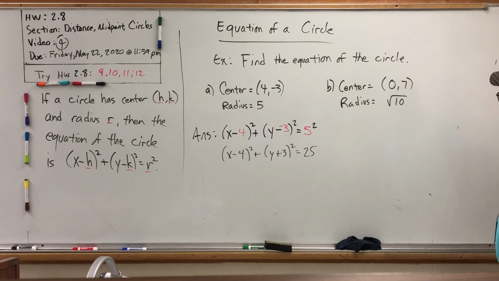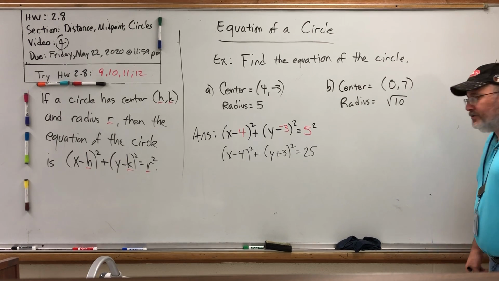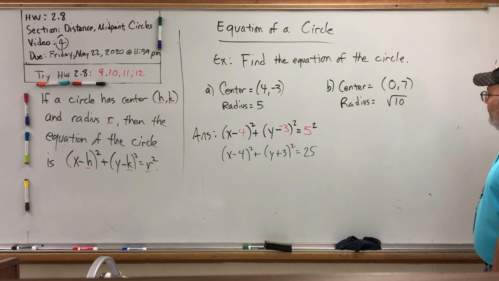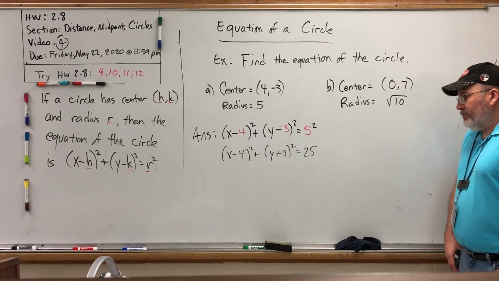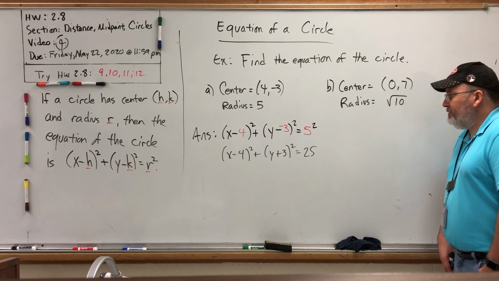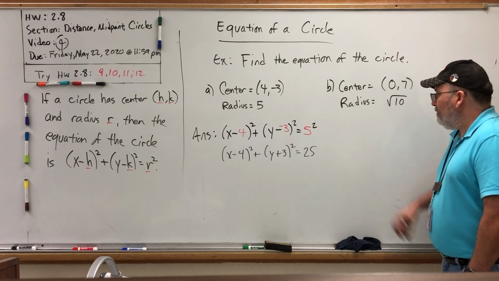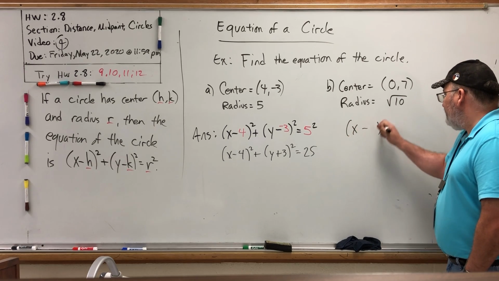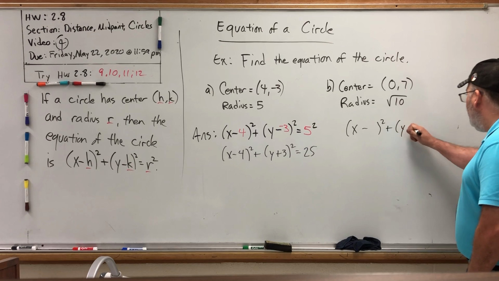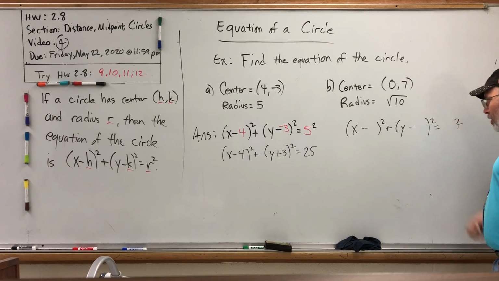Same thing on this one. A couple of minor issues worth pointing out. Number one, one of the coordinates in the center is 0. Number two, the radius has a square root over it. This changes nothing. You still set up your equation, but I would leave out the h, the k, and the r.